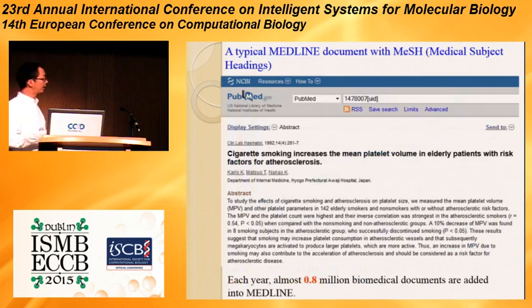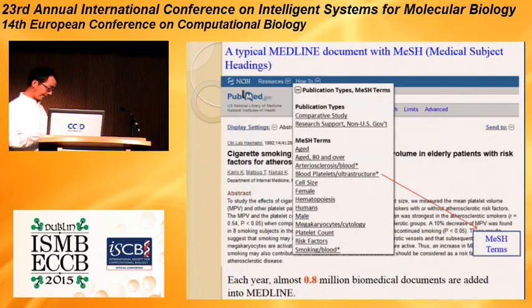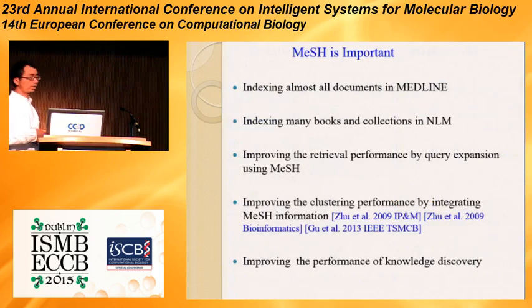One interesting point of Medline citations is that almost all citations are indexed by MeSH terms. Each year around 0.8 million documents are indexed into Medline. MeSH is very important. It not only indexes all documents in Medline, it also has indexed many books and collections in the National Library of Medicine.